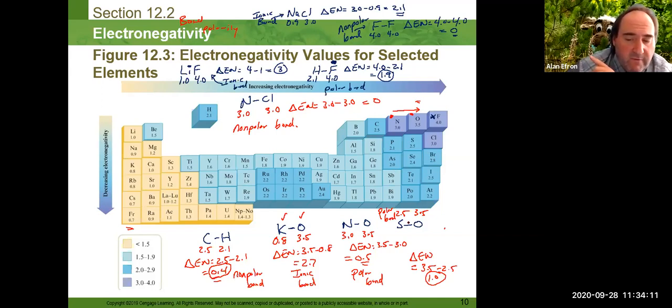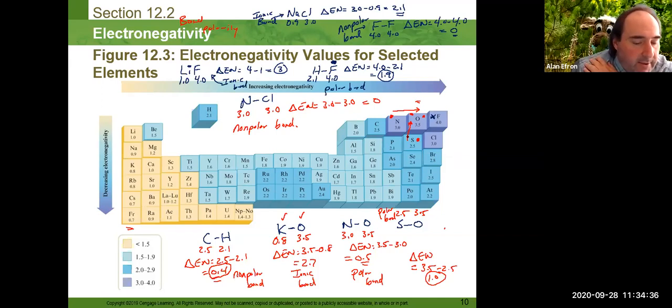If you look at sulfur and oxygen, sulfur is here, oxygen is here. These guys are in the same group. Oxygen is further up in the same group. And you don't even need the values here either, because oxygen is further up on the periodic table in the same group. So we know that oxygen should be more electronegative than sulfur.